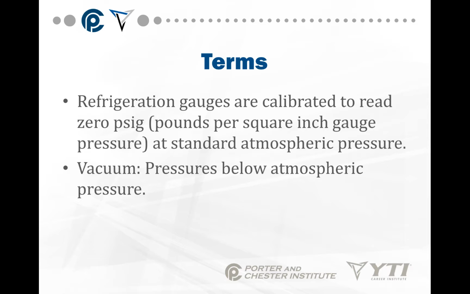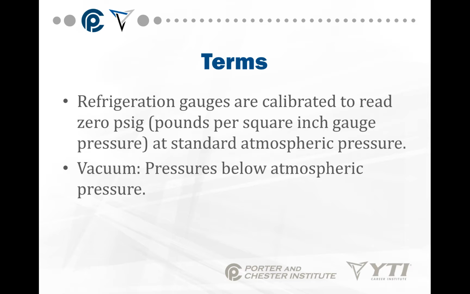Refrigeration gauges are calibrated to read 0 psig, pounds per square inch gauge pressure, at standard atmospheric pressure. So at 14.7 psia, gauges will read 0. If you move to a higher or lower pressure environment, you have to recalibrate your gauges.